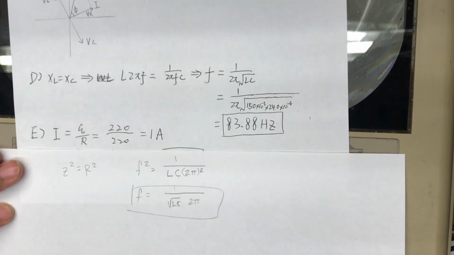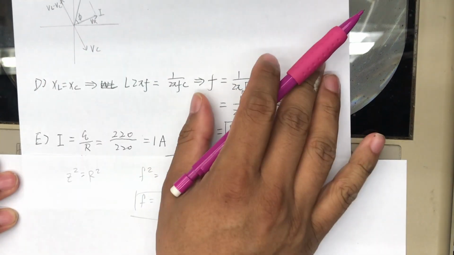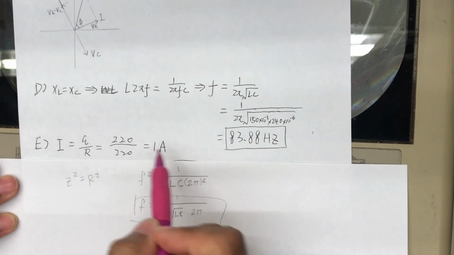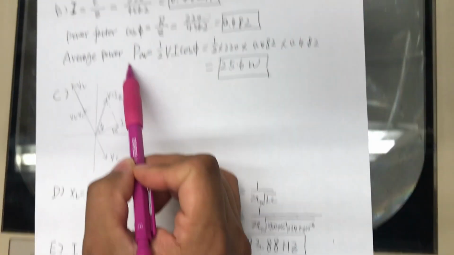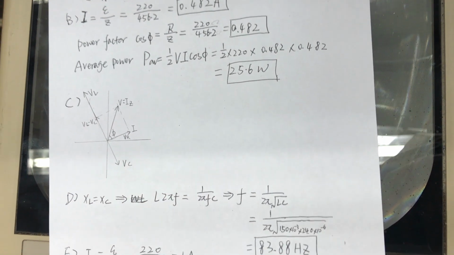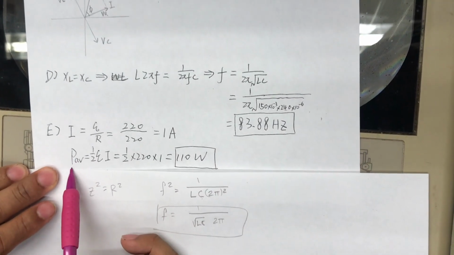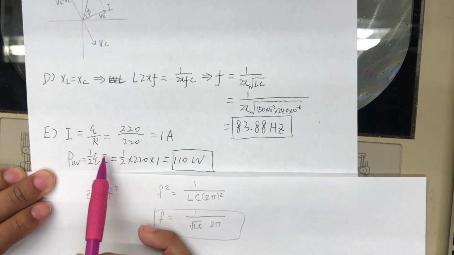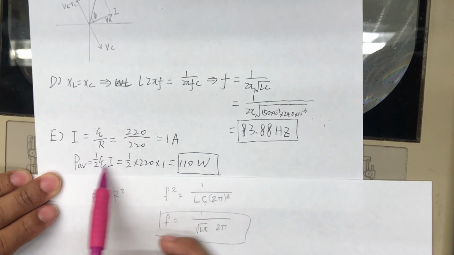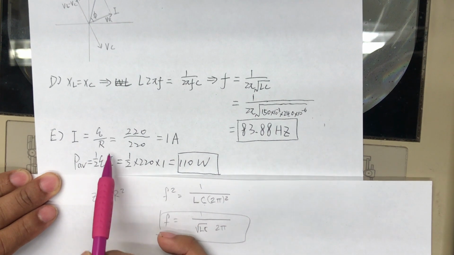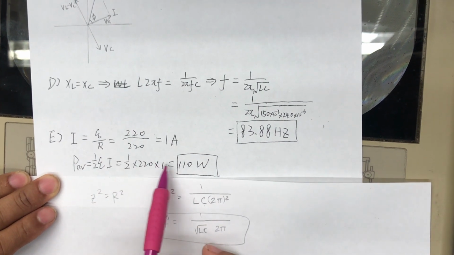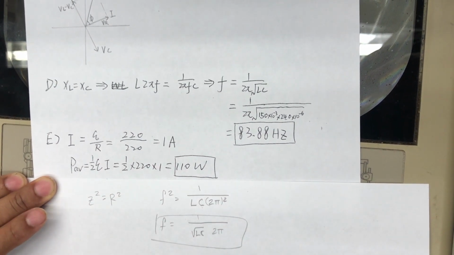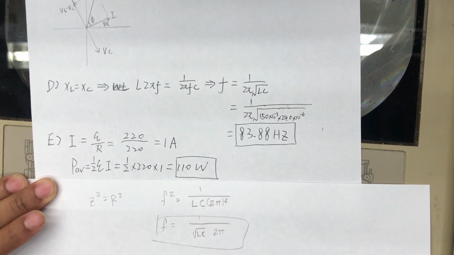That gives us 1 amp. They ask us for the average power. We have the average power equation here. P average equals 1/2 V I, equals 1/2 times 220 times 1, and we get 110 watts. Our answer for E is 110 watts.